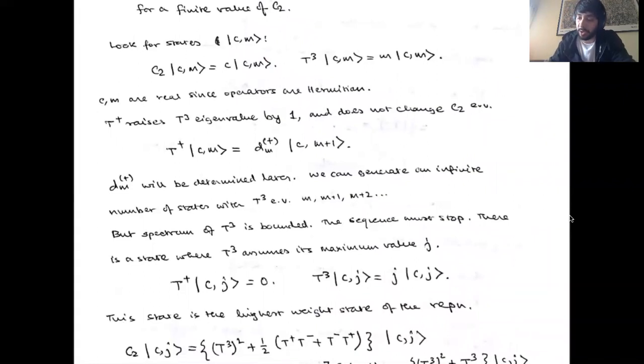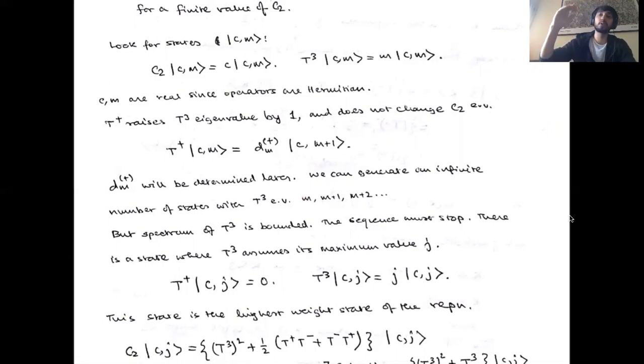We said that T plus, as we know, is going to raise the M value, is going to keep C the same, and we will determine this D plus M later. So T plus is going to generate states with eigenvalues m plus 1, m plus 2, and so on and so forth. But the spectrum of T3 is bounded.